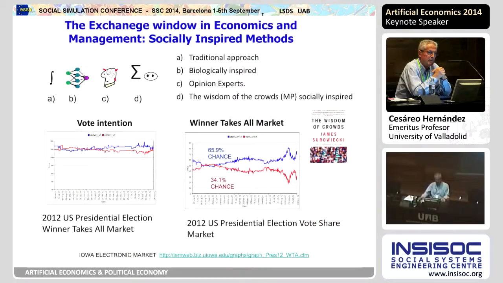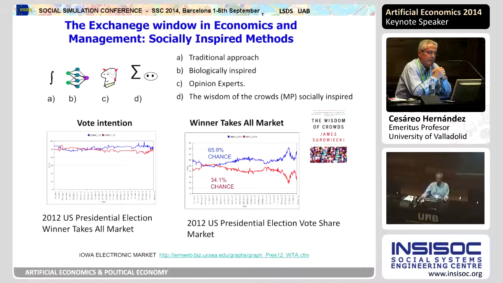Well, just to finish, some examples of what I mean by ecological rationality and the wisdom of the crowds. These two pictures are taken from the Iowa Electronic Market for betting on whatever issue is going on. In this particular case, I took them the Friday before the last elections in the States.